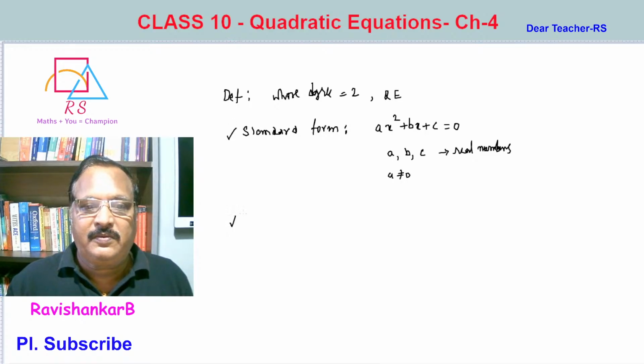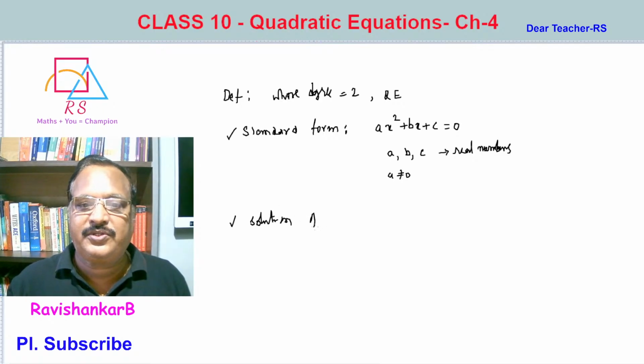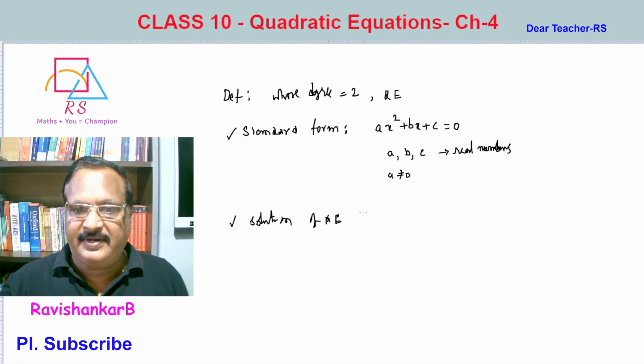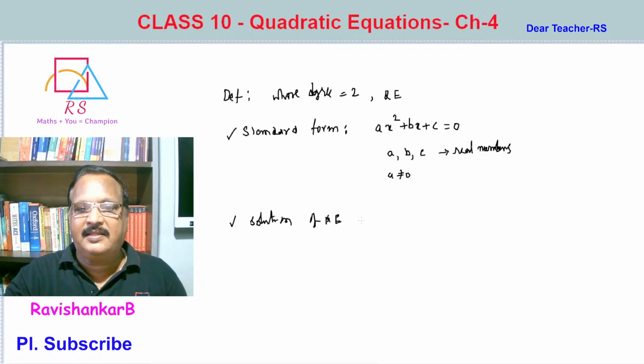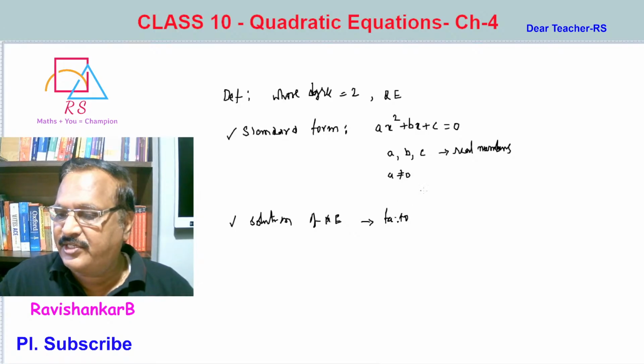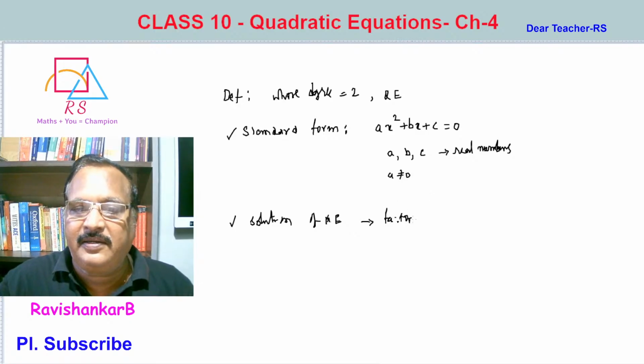This is the standard form. So now the solution of a quadratic equation. You have different methods, 2 methods are there. One is the factorization method, how to solve by factorization method, and the formula method.